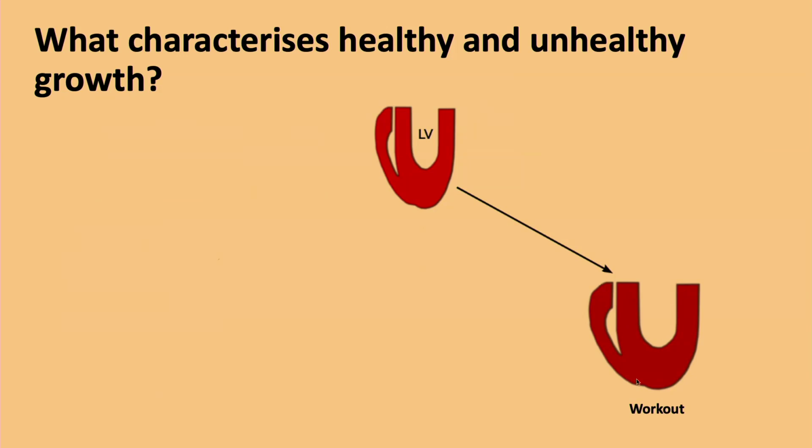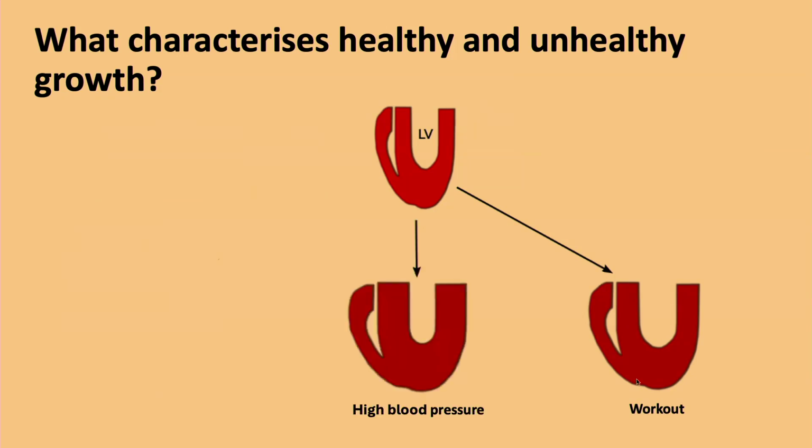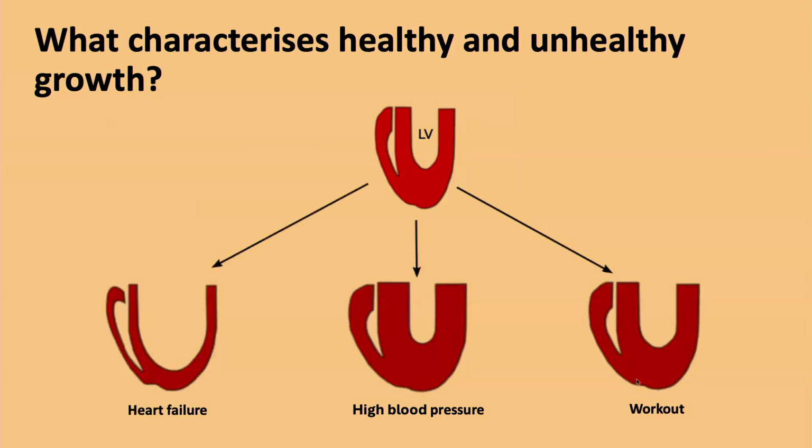But you can also have high blood pressure without working out. Then you're also going to have a thicker wall, but maybe you won't get the increase in the cavity size. Or you can have heart failure, which is also very bad, and then you're going to have, in this case, just a thinner wall.